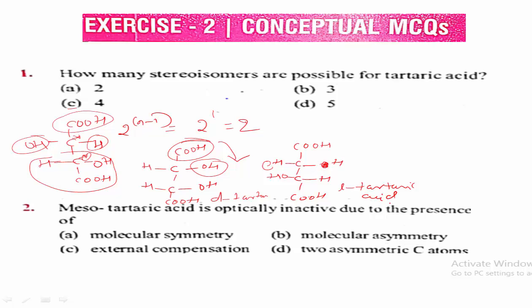L-tartaric acid. Therefore two isomers are possible here. Therefore the correct answer for this question, you get value 2 using the respective formula. Is it right? 2. Therefore option A is the right answer. A, 2.